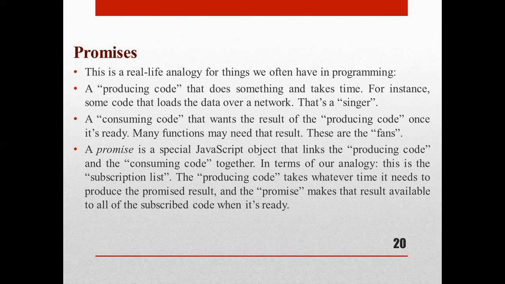Many functions may need that result, so these are the fans in this case. If we consider the example of the singer, the singer is the producing code and the fans are the consuming code. So a promise is a special JavaScript object that links the producing code and the consuming code.